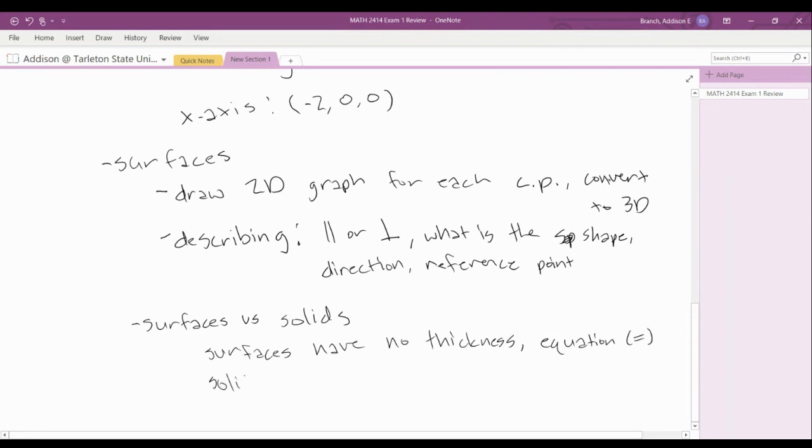Solids are fully or partially filled, and they are described as an inequality.